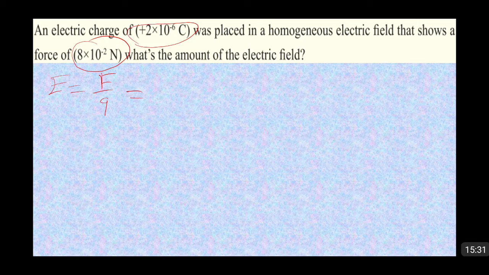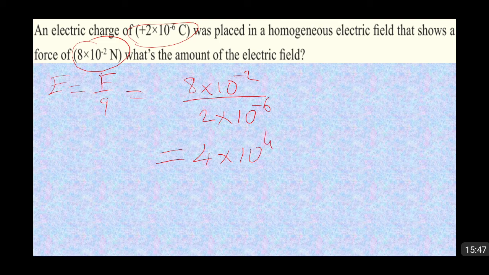Force 8 multiplied by 10 power negative 2 over 2 multiplied by 10 power negative 6 equals 4 multiplied by 10 power 4, or 40,000 Newton per coulomb.